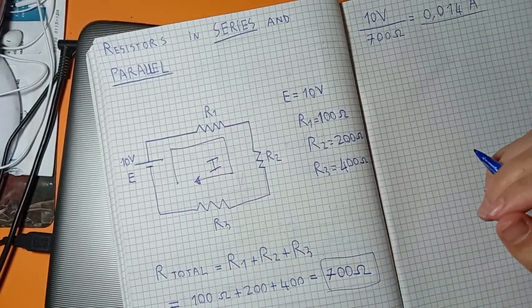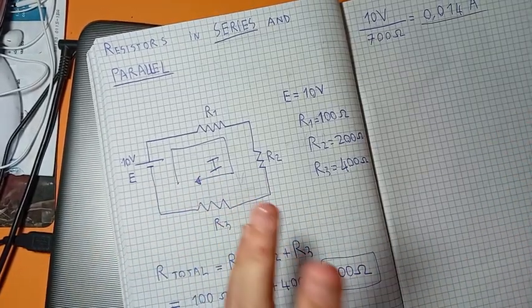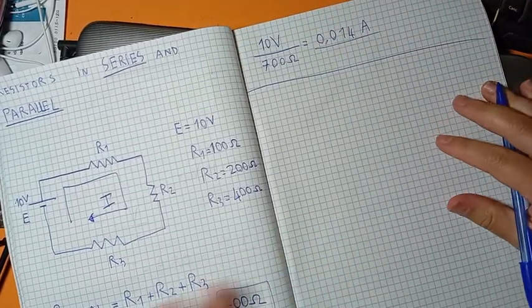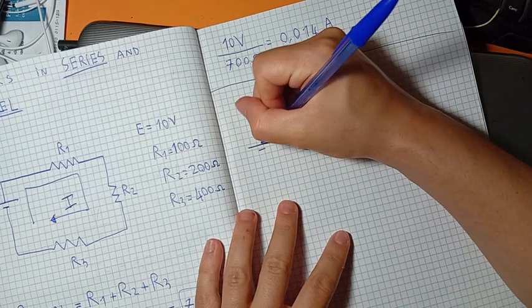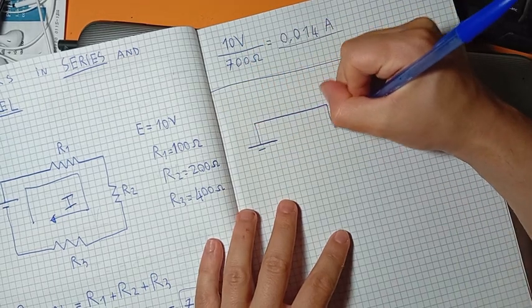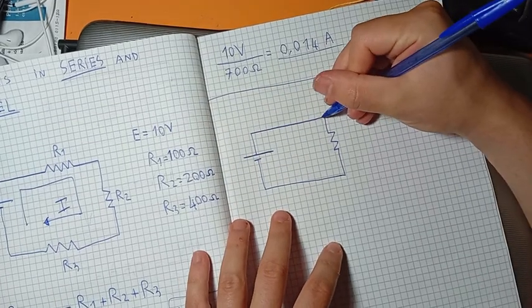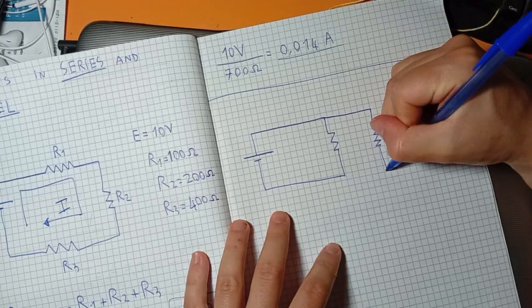Now, let's imagine these resistors are configured in another way. Let's imagine this is another circuit. Now I have a generator as always, and then I have a resistor, and then I have another resistor, put in this way.